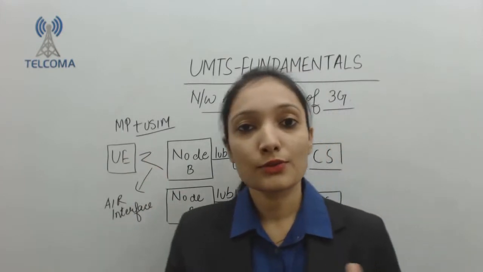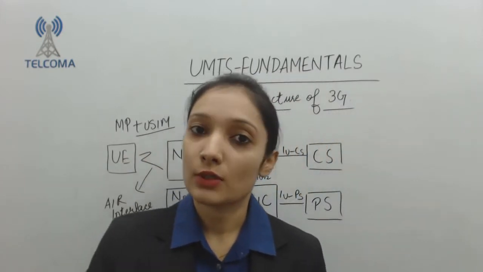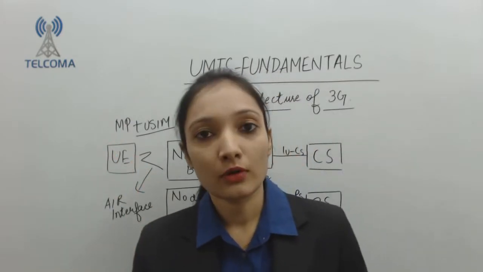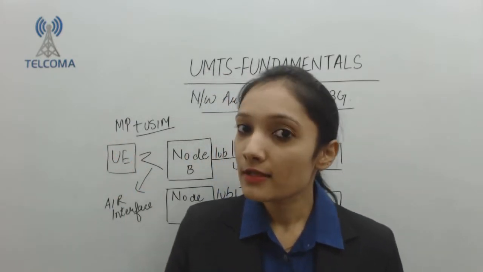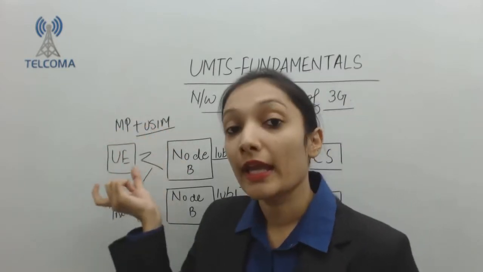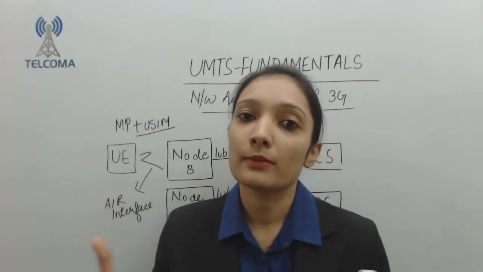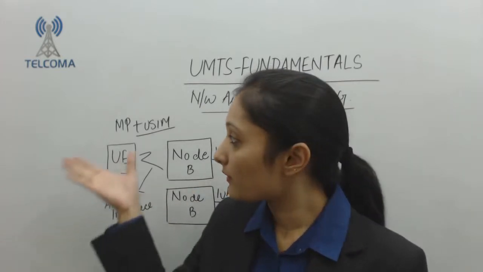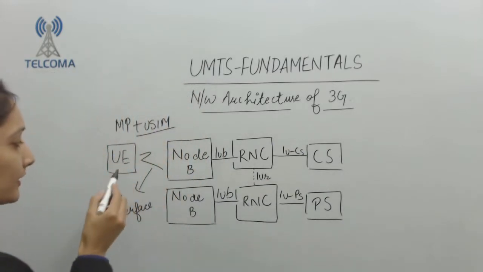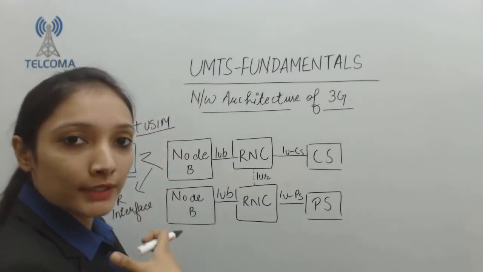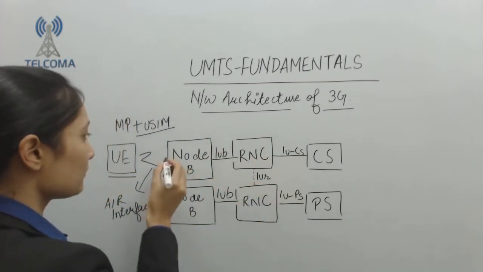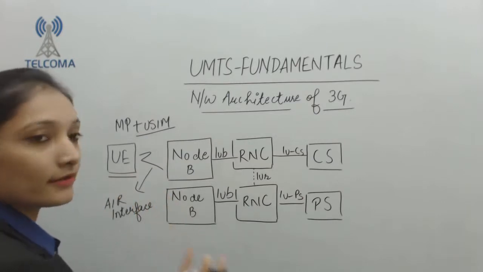The mobile phone is used for the reception and transmission of the radio signals, and the SIM card helps us to register to a particular network of which we want to access the services. When the mobile phone and user SIM are clubbed together, we are able to communicate with our network, or with various people in the network. That means we, the users, are connected to our network with the help of this air interface.